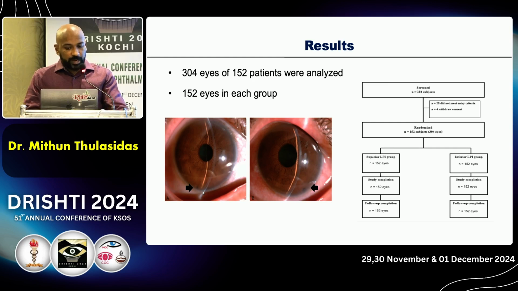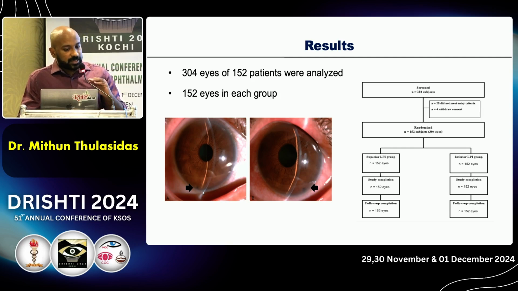Initially we screened 184 subjects, of which 28 did not meet the criteria and 4 withdrew consent. We finally included 152 patients, randomized to the superior or inferior LPI group. So 304 eyes were analyzed, with 152 eyes in each group.